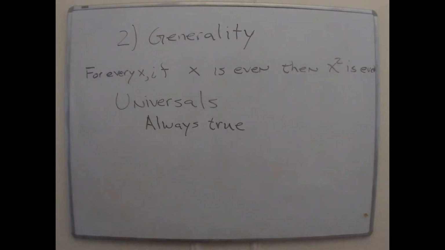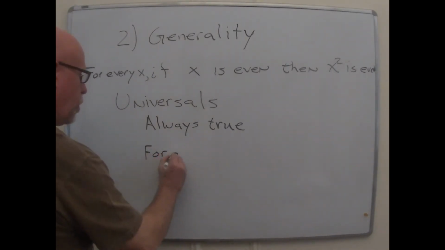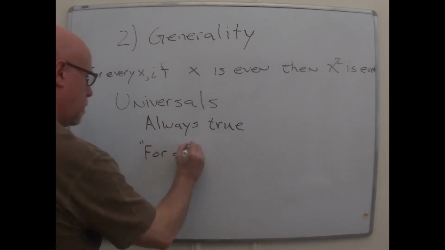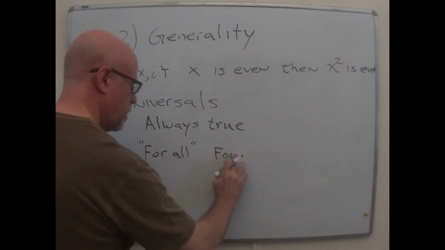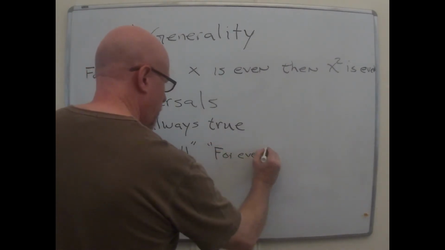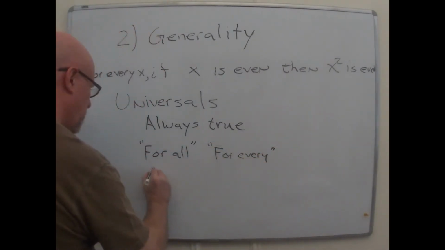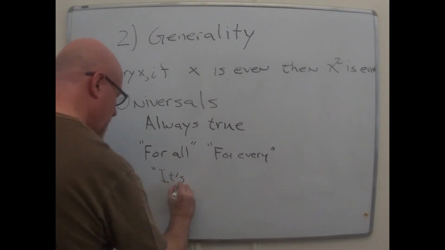But there's other words that you may run into. So I just gave you one. There's for all, for every, a little bit too wordy, I think, but here's one. It is always the case that.